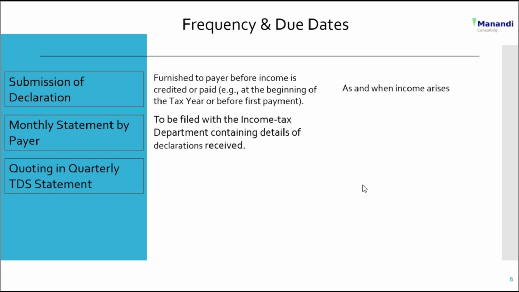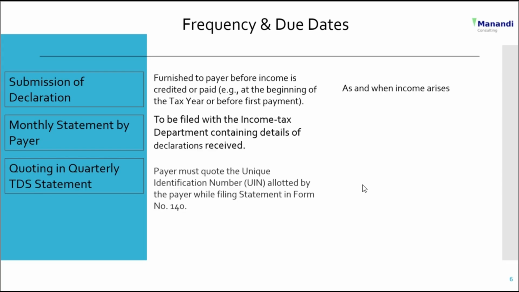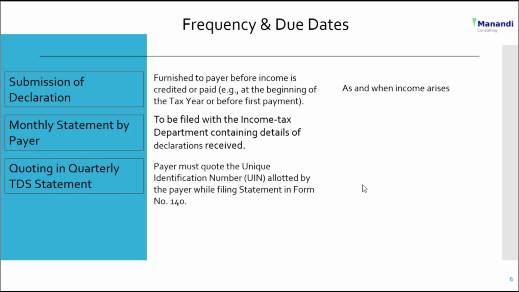And the quarterly TDS statement, where the payer, again banks or post office, has to quote the unique identification number, which will be a new thing allotted by the payer, while filing the statement in form number 140. The monthly statement has to be filed on or before the 7th of the following month, along with the quarterly TDS statement in form number 140, which is a quarterly TDS return.